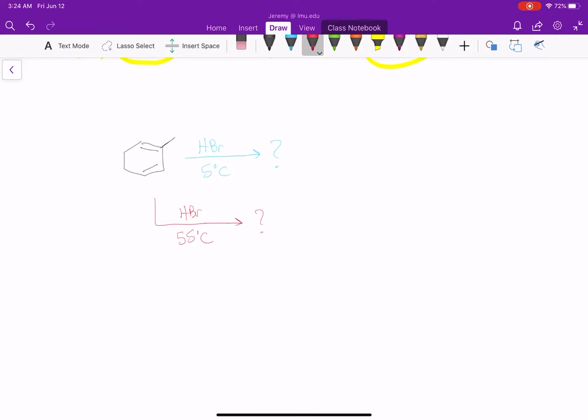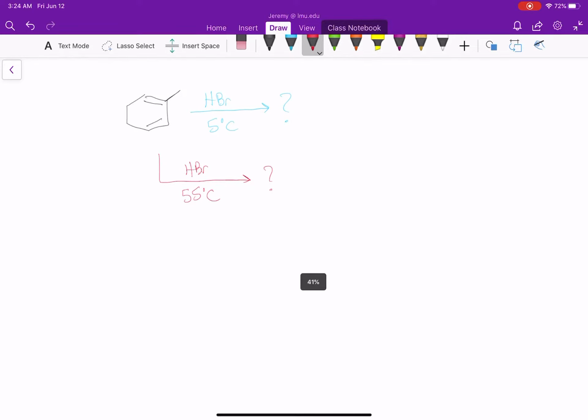Okay, so let's take a look at this reaction here and see if we can come up with the right products. It turns out in these asymmetric examples, this is not something we can really memorize. If I ask you the product, we're going to have to work through the mechanism to figure this out. There's no shortcut we can do.